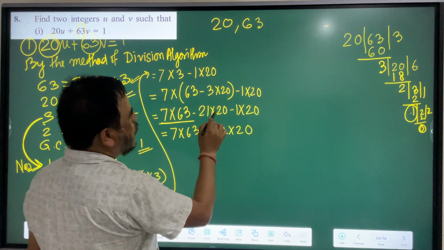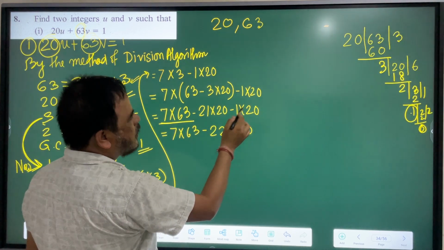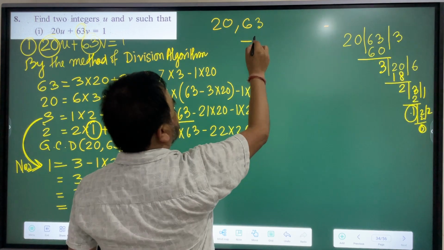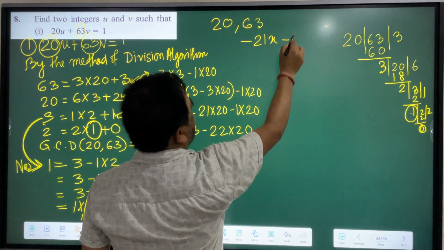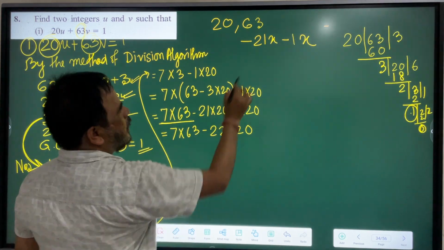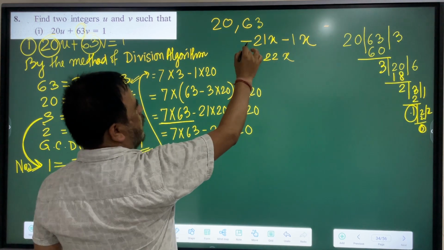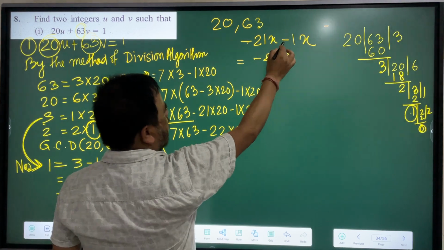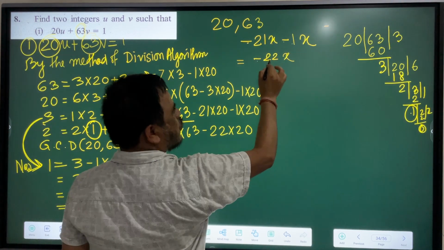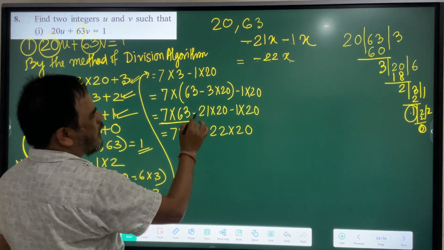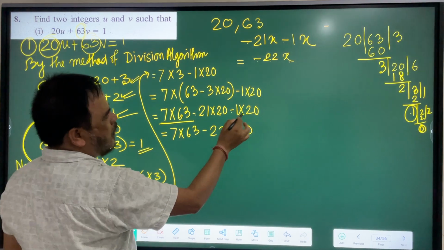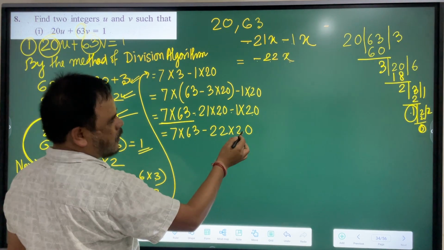Now minus 2 into 1, 21 into 20, minus 1 into 20. It is like this: minus 21x minus 1x will be minus 22x. Same thing, minus 21 into x minus 1 into x is minus 22 into x.